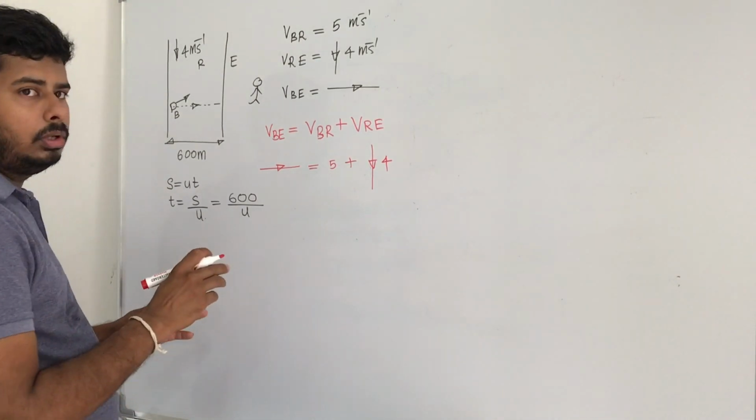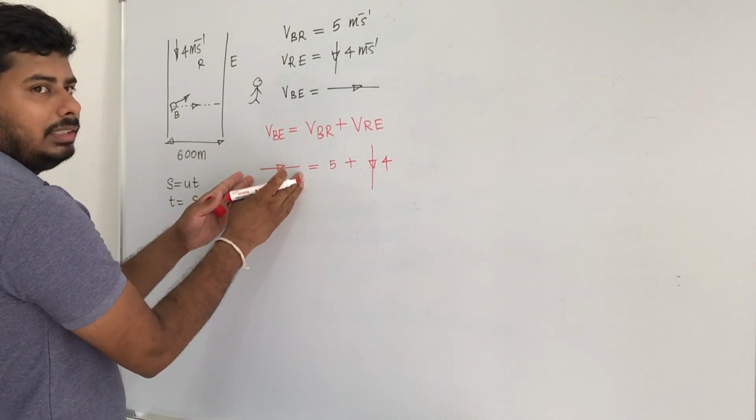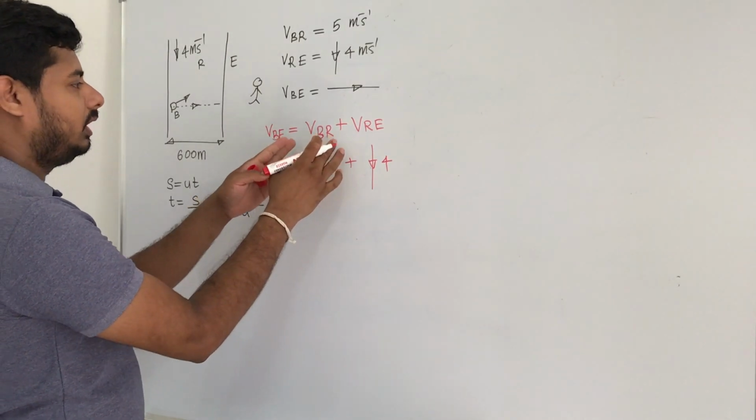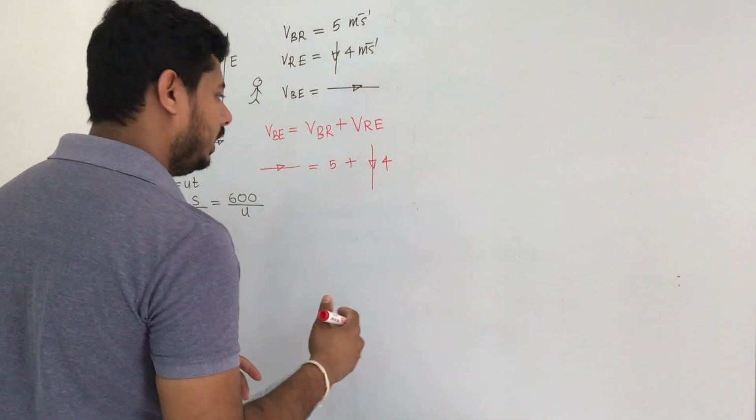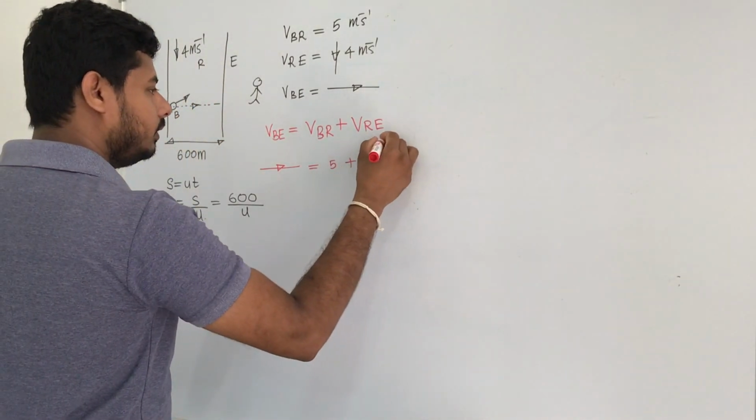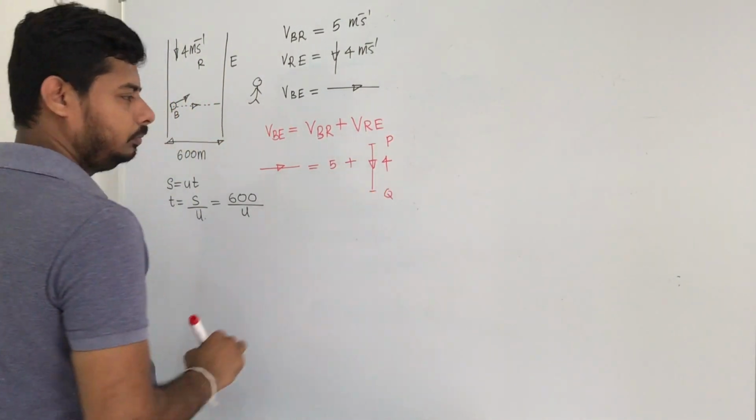Now this part has become the resultant. The summation of these two vectors will give this vector. For easy notation, we can label this one as PQ.